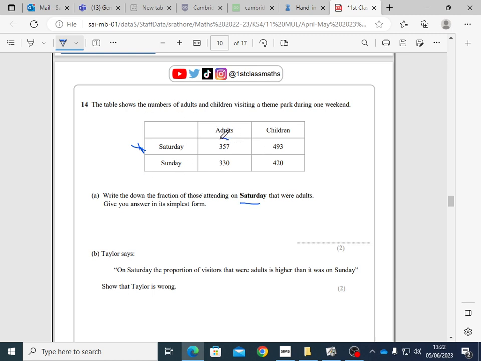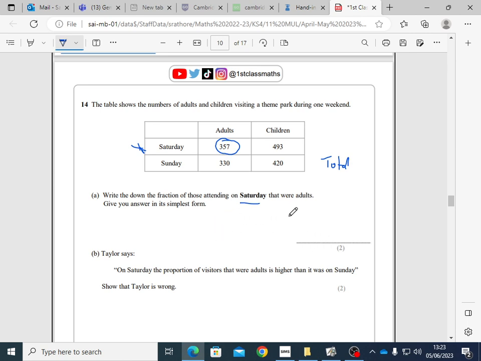So we want that as a fraction of all the total. Can you add up all these together, please, and tell me what is the total on Saturday and Sunday? We just want to know the fraction, but let's add up all the total there. So you should have got 375 add 493 add 330 add 420, 1600.